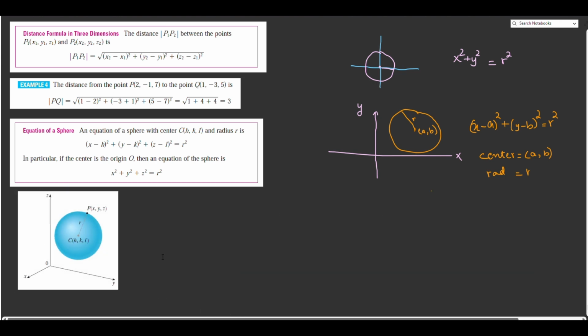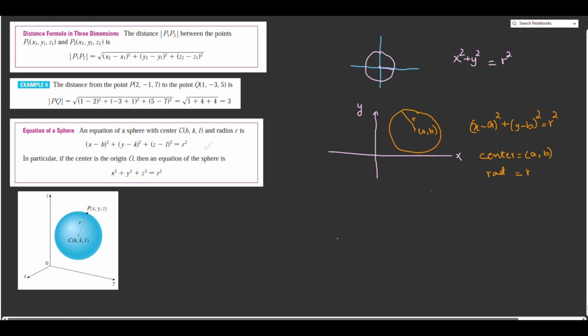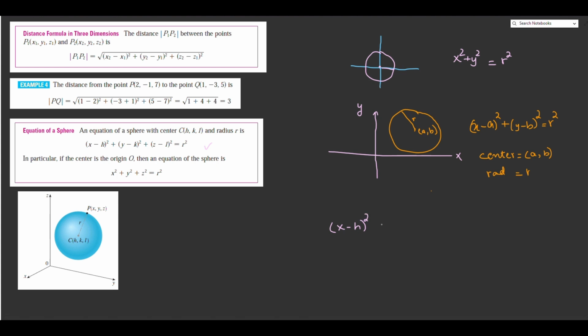The equation of a sphere is given by (x minus h) square plus (y minus k) square plus (z minus l) square equals r square, where r is the radius of the sphere.